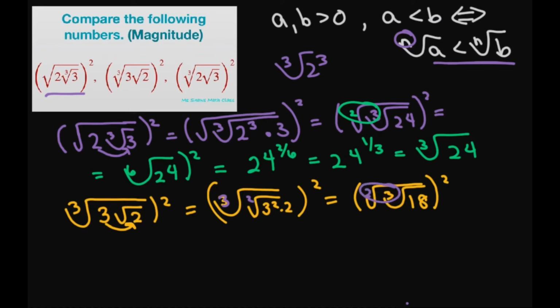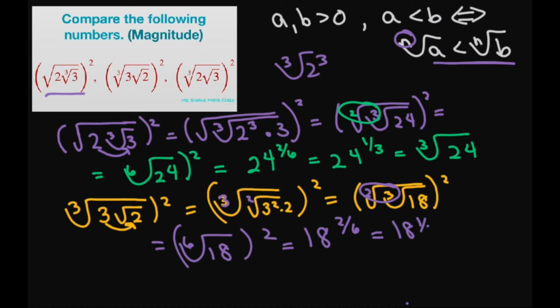When you multiply these two, you get the 6th root of 18 squared, which is 18 to the power of 2/6 in rational form, which is 18 to the power of 1/3, which is the cube root of 18.